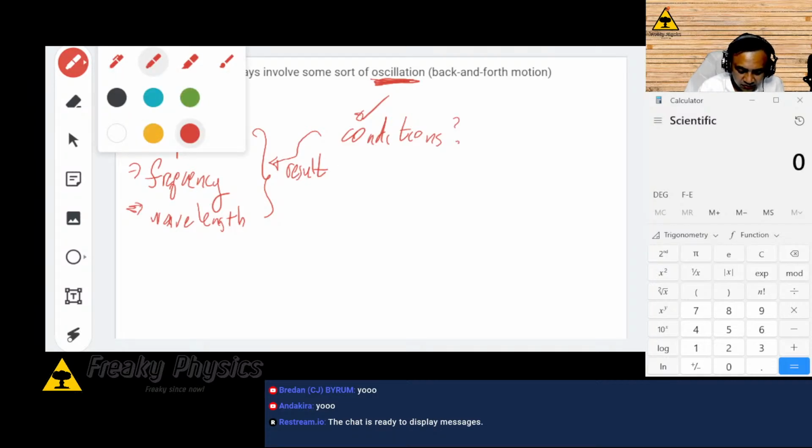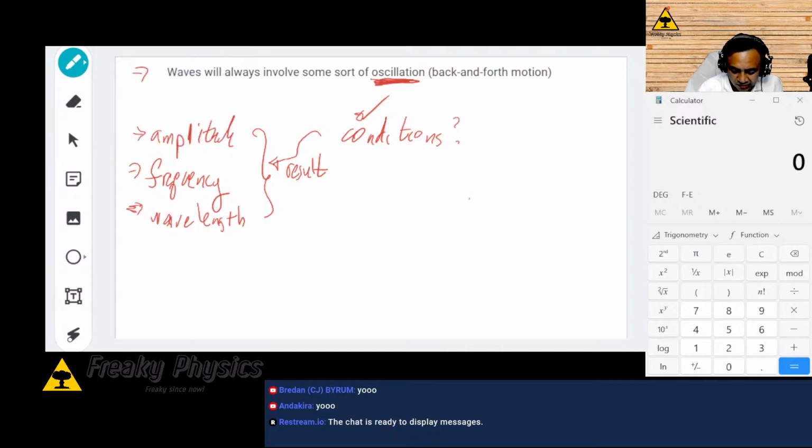So these are the results. Now, what are the actual conditions? There are two ways. The easiest way to think about oscillation is this. If you have a mass, which can be any kind of mass, but the simplest possible case is a mass connected to a spring.